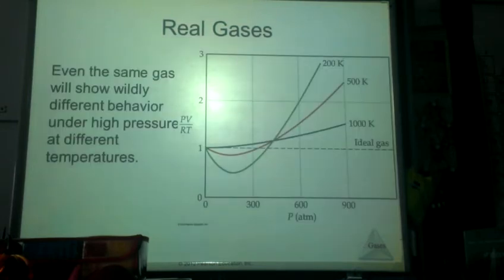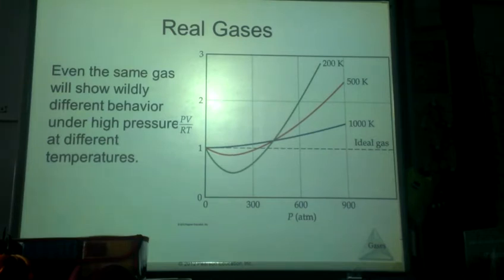I can say this in a different way. Even the same gas will show wildly different behavior under high pressure at different temperatures. So ideal gas behavior doesn't just depend on pressure, it also depends on temperature.